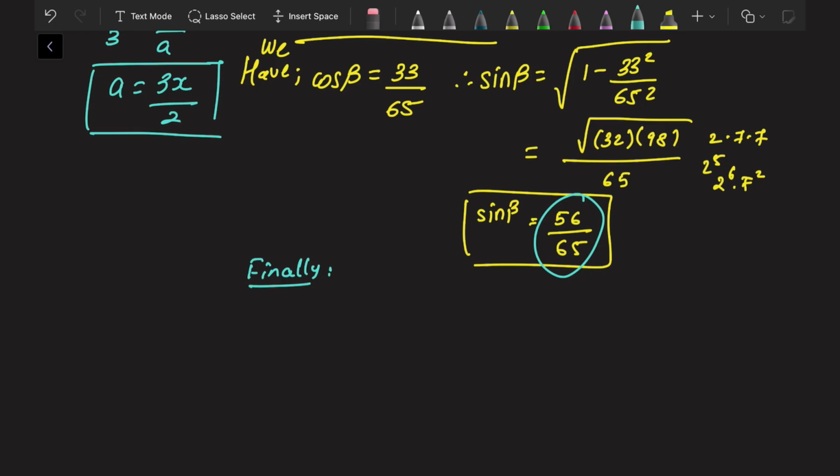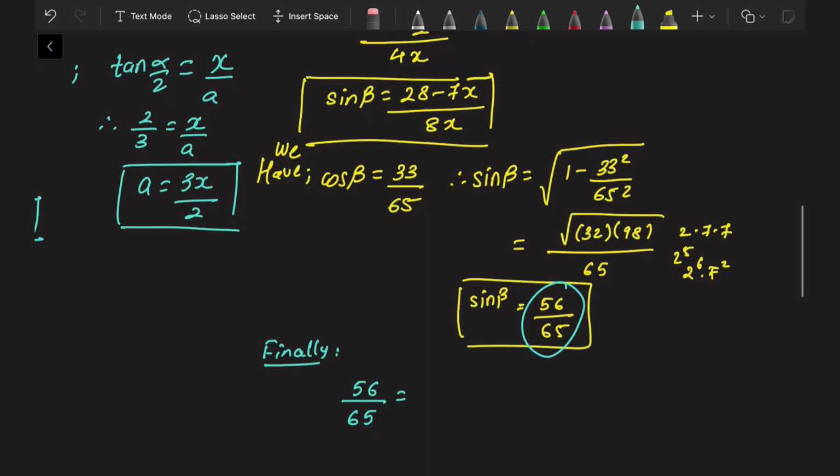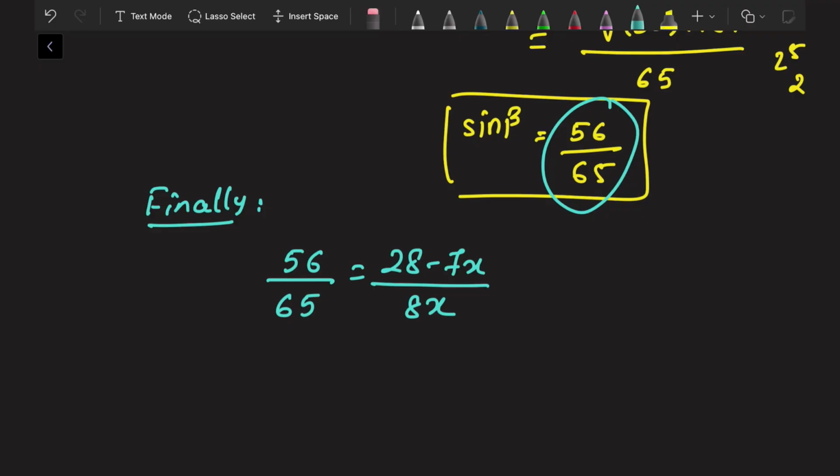Okay, so finally sine beta means 56 upon 65. This would be equal to 28 minus 7x, and in the division we'll have 8x. Doing the cross multiplications, 8 into 56 is 448x, and that's equal to 65 into 28 minus 65 into 7x, 35 and 245x.